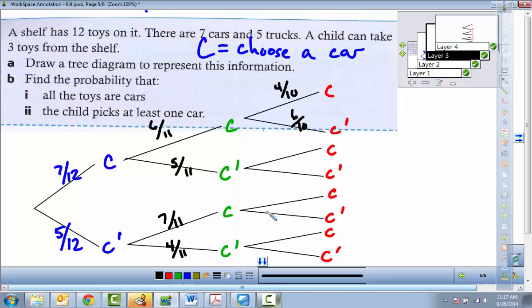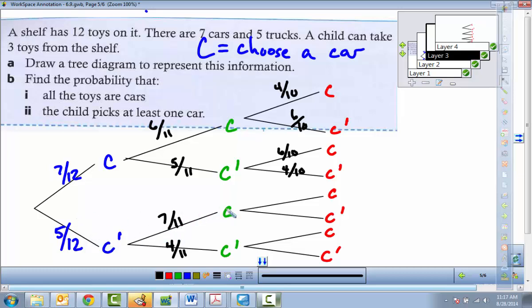It's helpful for filling out this tree. So now he took one of each going down this path. After he takes a car, there's still 6 cars, 6 out of 10. He took 1 car, 1 truck, so now he's down to 4 trucks out of 10.